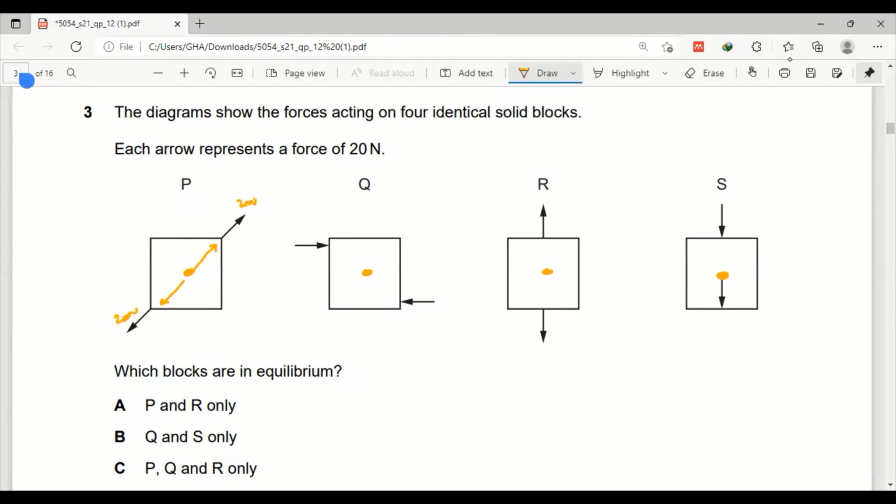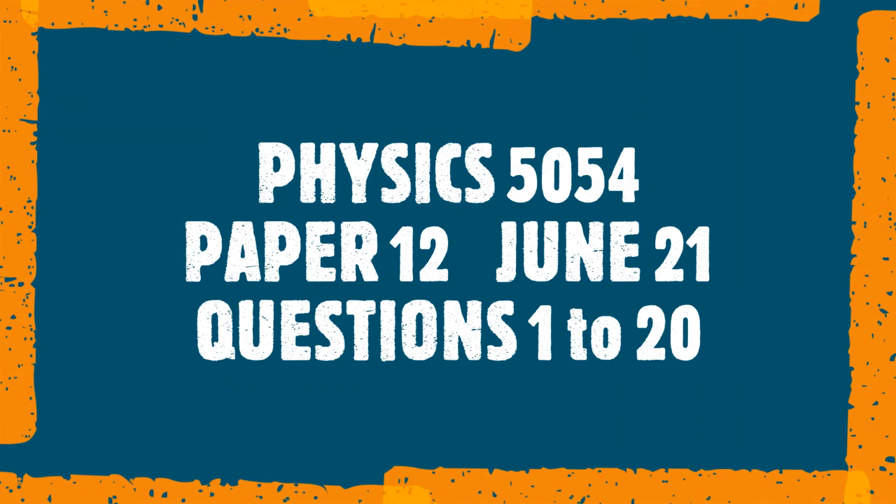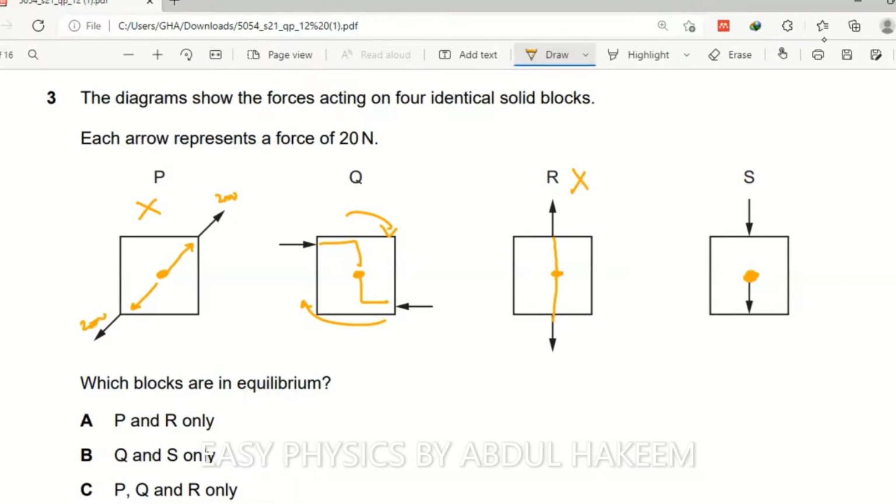So when the force passes through the pivot, the moment is 0, but both forces are acting in one direction. So this is 20 Newton, this is 20 Newton. So the resultant becomes 40 Newton, meaning the resultant force is not 0.